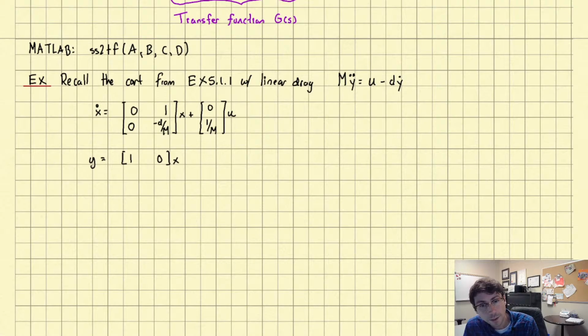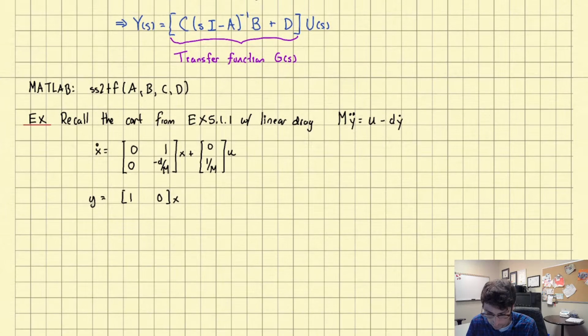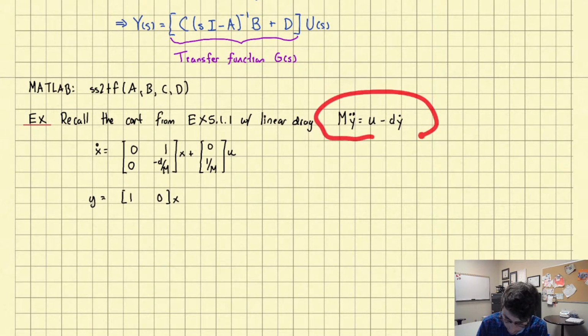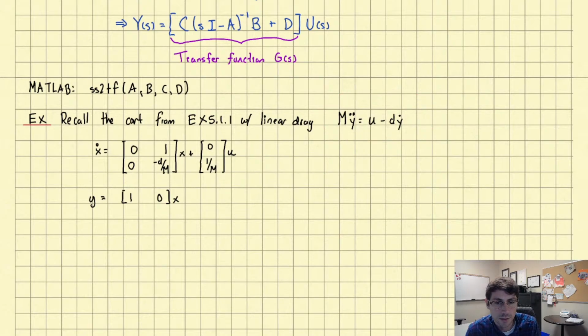Okay, so let's do this calculation to find the transfer function. Of course, as we said in that remark, I could take the simple equation here and find the transfer function, but let's do this calculation and verify that we get the same thing that we would get otherwise.